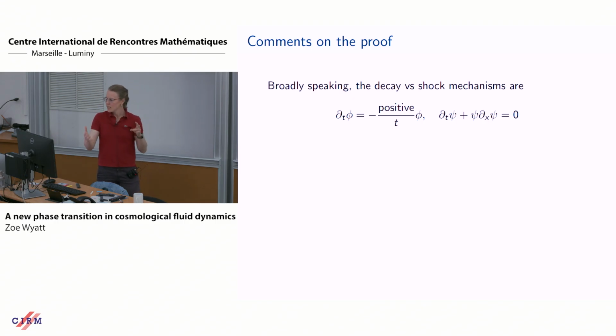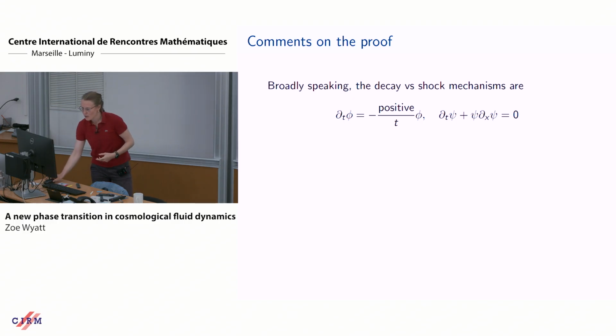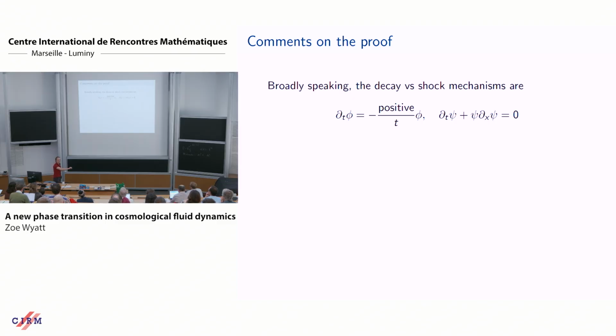So broadly speaking, in these kinds of cosmological problems, the mechanism for decay looks like something represented by this equation for phi, where you might have dt of phi equal to minus some positive number over t times phi. Because when I Gronwall that up, I get that phi decays like t to the minus positive, which is good. And then, what kind of shock mechanism do you often have in fluid equations?